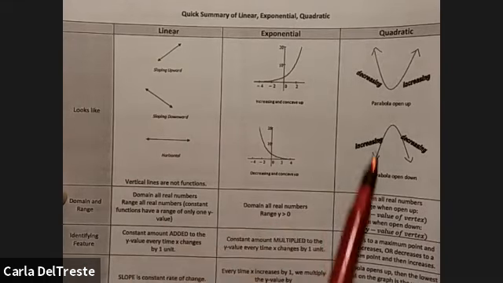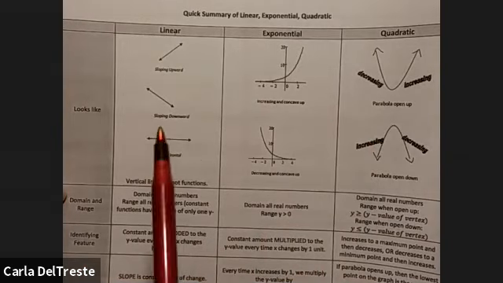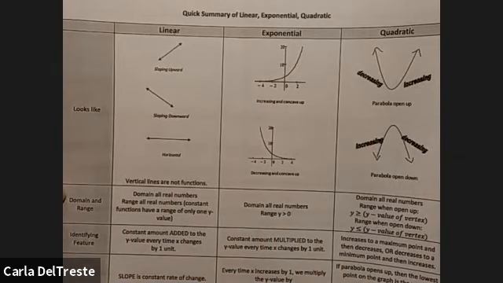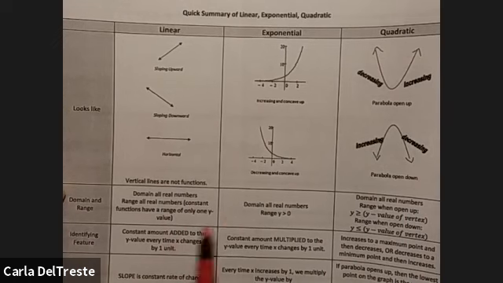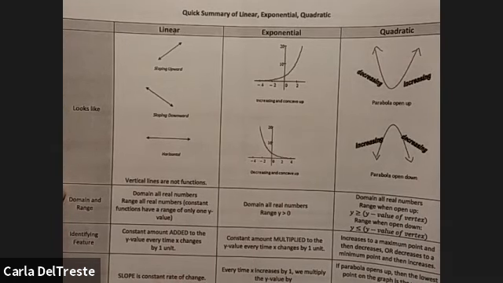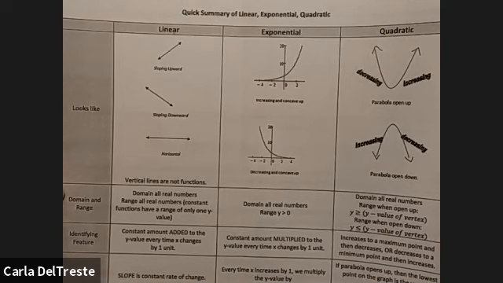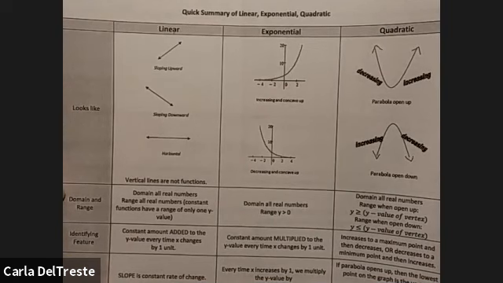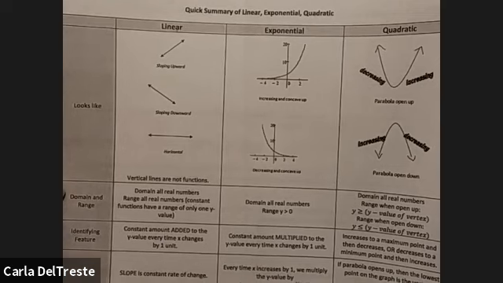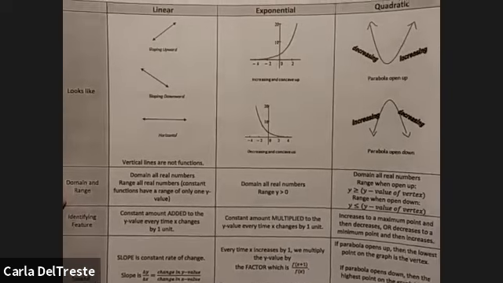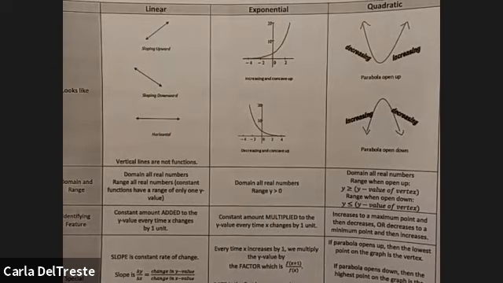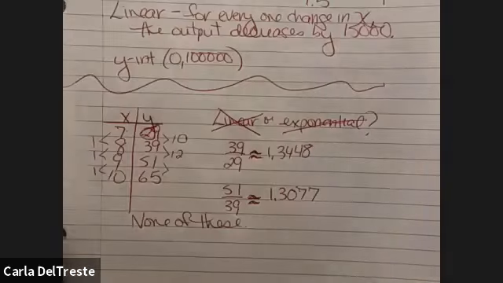This will be a summary of everything we learn for each type of function that we're going to be exploring. So I would highly recommend that you have this as a reference while you're doing your practice problems, because it will help you to decide what information you have, what information you need, and how you're going to use it. So this happens to be page 73 of your book, but it does occur on other pages as well.